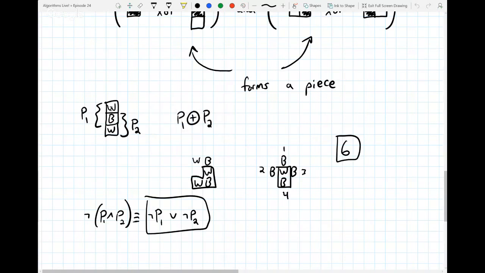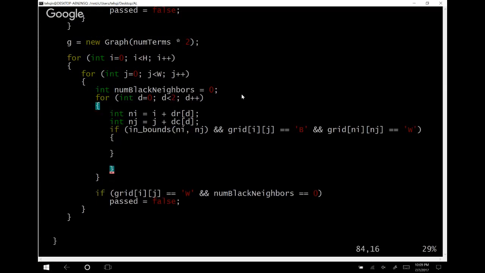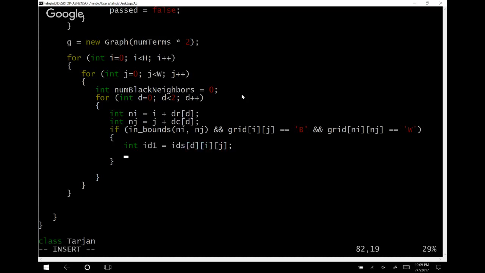So what I'm going to do is look for a vertical piece or a horizontal piece, and then just check its complement. And if they both exist, then I add an XOR edge. Okay, so what I'll do is mi is i plus dr of d.